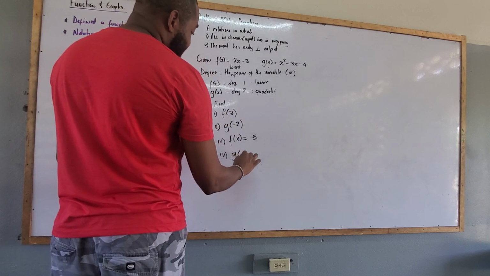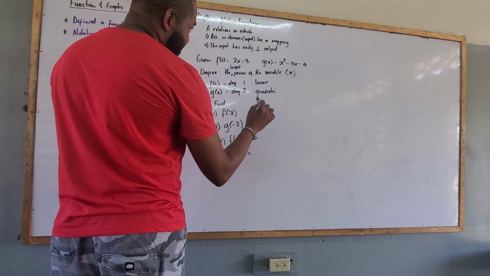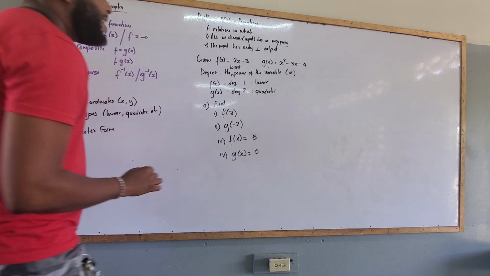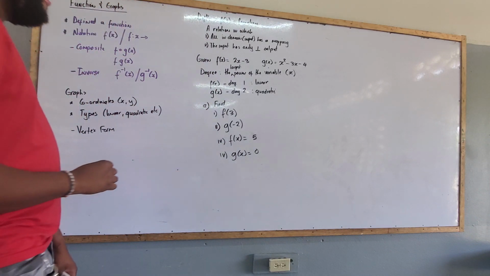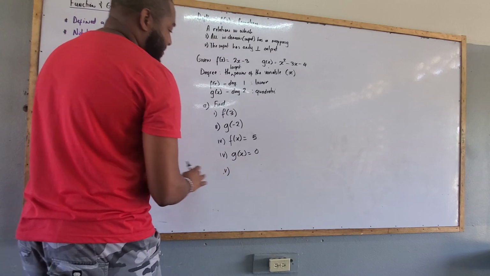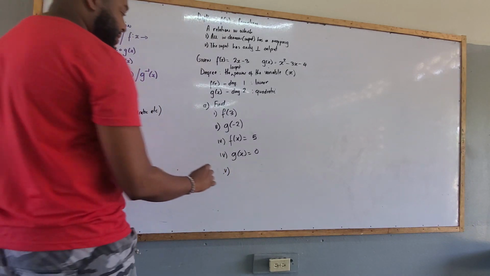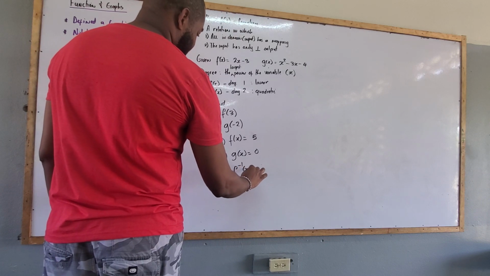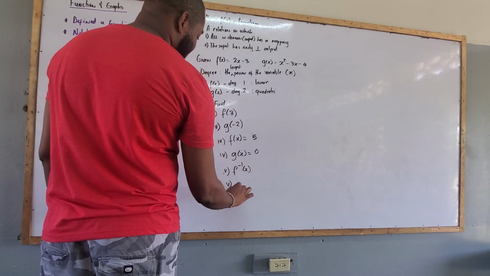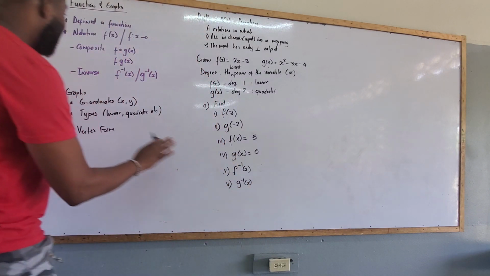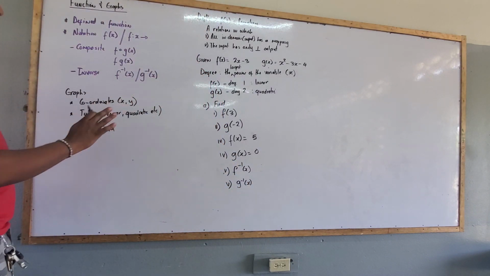Then g of x is equal to some number, g of x equal to 0. Let me do that one, it might not be too bad. What did I want to do? F inverse of x. So these are questions I want to address today, and g inverse of x. In doing that, I think we'll cover quite a bit of stuff.